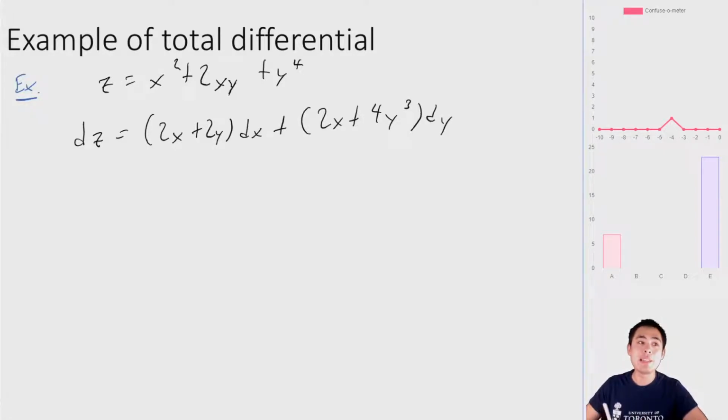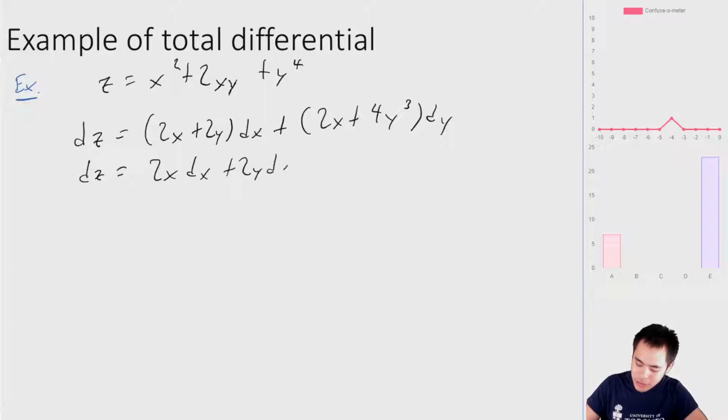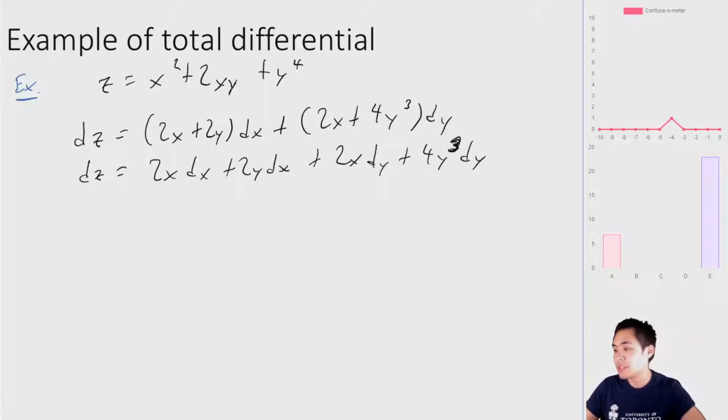And now that is the total differential dz. If you want to, you can also expand it out. It doesn't really matter. So this is 2x dx plus 2y dx plus 2x dy plus 4y cubed dy. But often it's useful to combine together all the dy's and the dx's. So let's give a couple more examples, just to let you see what's going on.